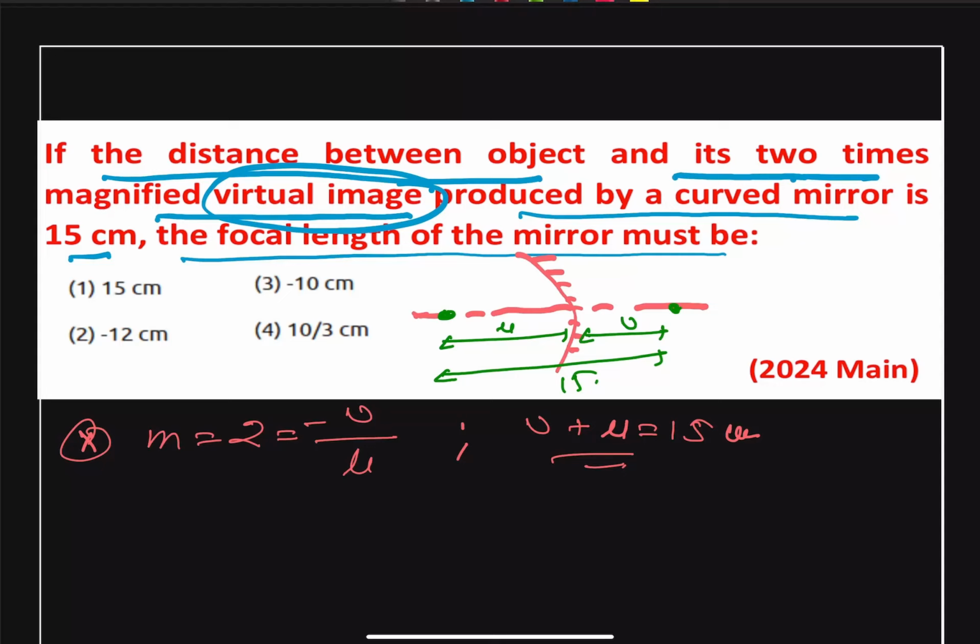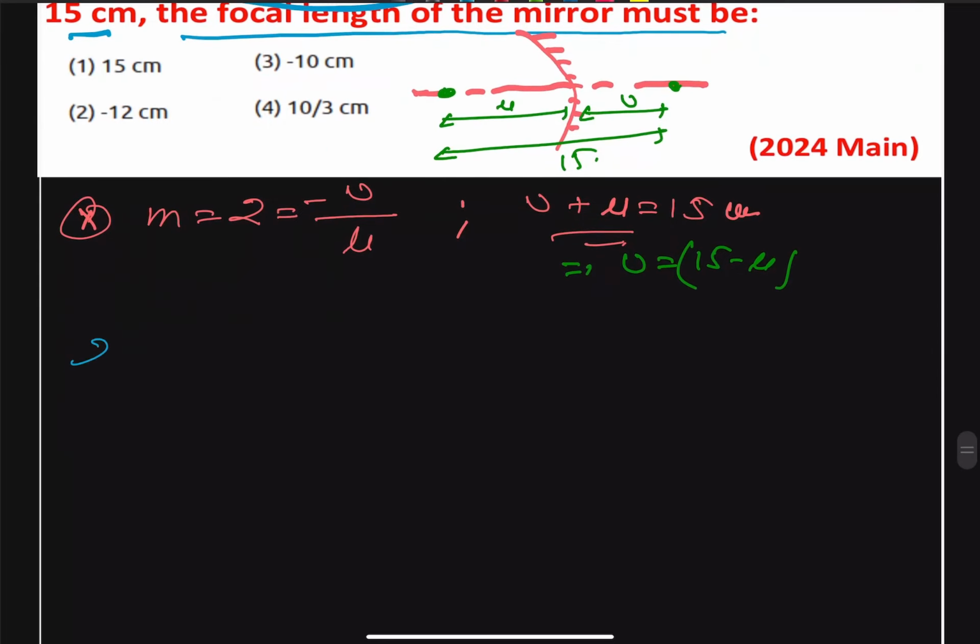From here we can write that v is equal to 15 minus u. We substitute it in the equation for magnification, and we get 2 equals minus (15 minus u) divided by minus u.